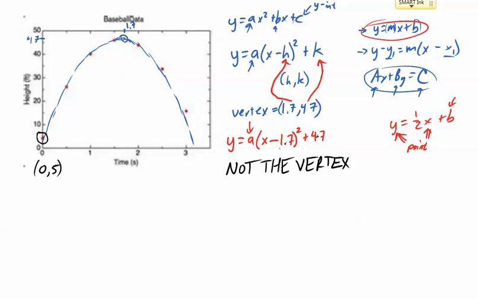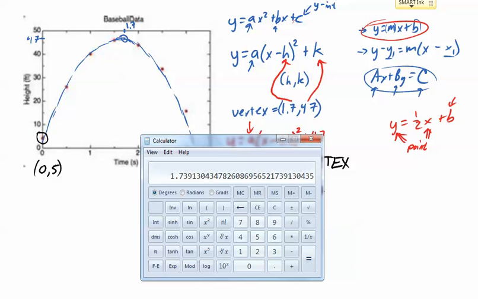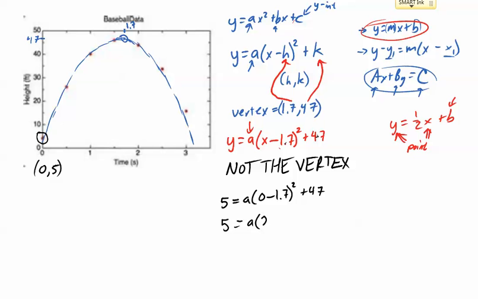So I'm going to go y, which is 5, equals a times x, which is 0, minus 1.7 squared plus 47. So from there, I can actually work all of this out, because I can go 5 equals a times 0 minus 1.7. And then I'm going to square that number, which is 2.89. So 2.89 plus 47. And so from there, it's easy.